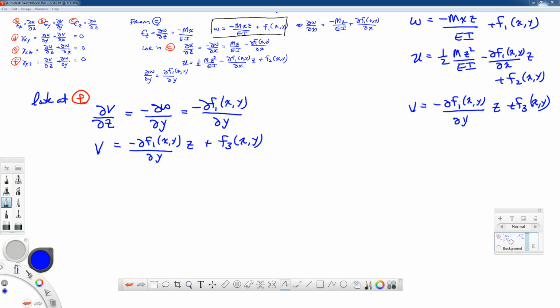Alright, so I'm going to remove some of this information to make room for some other items. I have my u, v, and w equations so far over on the right hand side, and I think it's going to be safe now to remove these other lines.